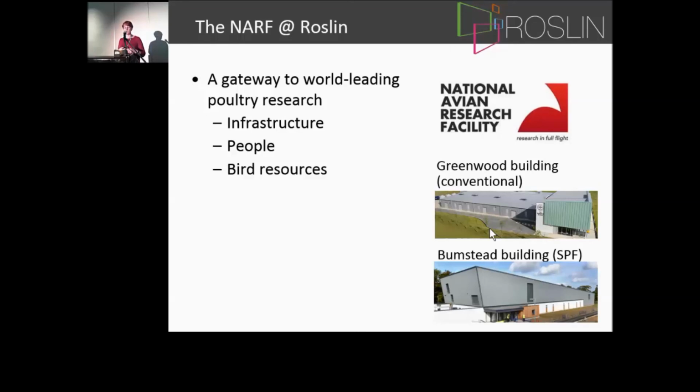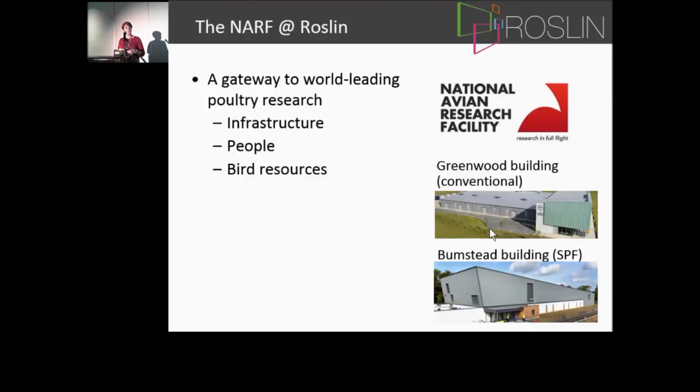We have the infrastructure, two brand new facilities, the Greenwood building, which is our conventional bird facility, and the Bumstead building, which is our SPF facility. We have the people, a critical mass working on avians, in areas from genetics through to immunology and even genome editing and production of genetically modified birds.